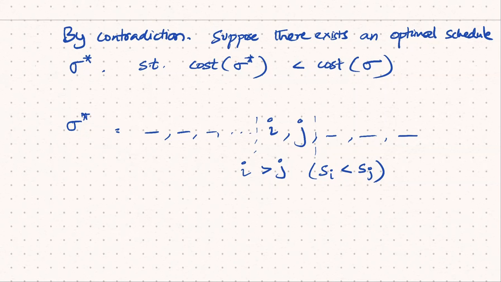Okay, so since SI is less than SJ, what we are basically saying is that the weight of I divided by the length of I is less than the weight of J divided by the length of J, right?